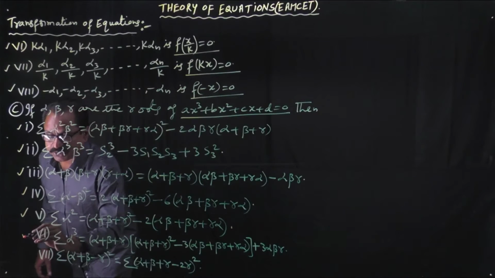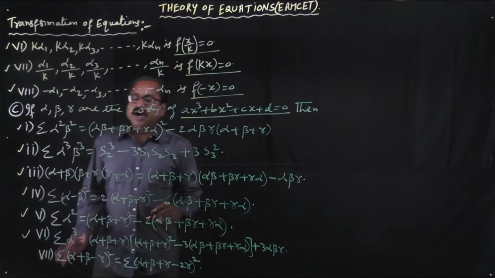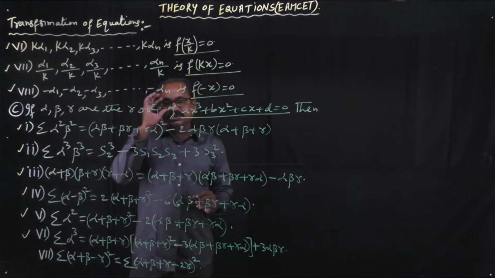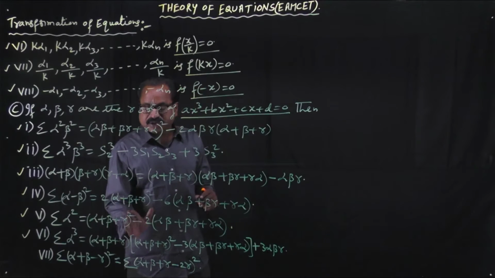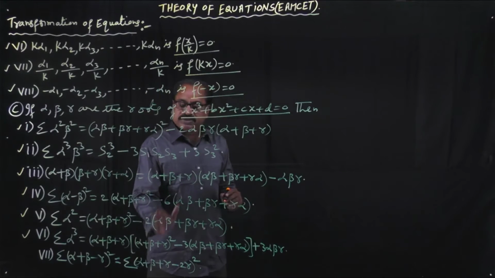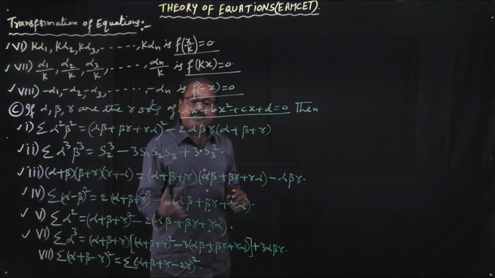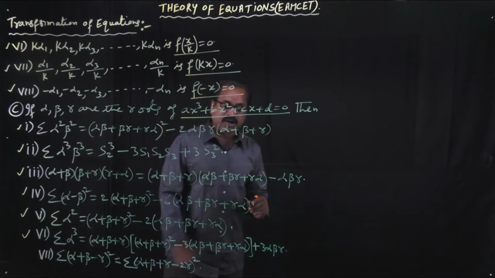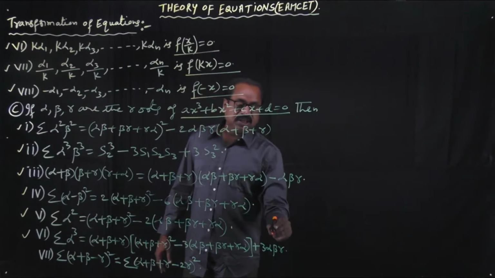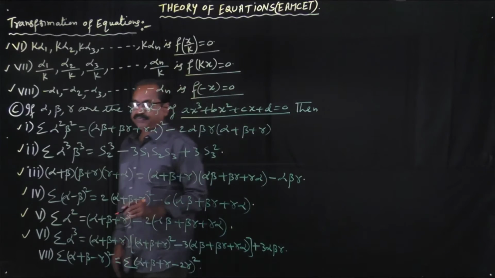Sigma alpha cube can be written as alpha cube plus beta cube plus gamma cube, that is equal to alpha plus beta plus gamma into alpha plus beta plus gamma whole square minus 3 into alpha beta plus beta gamma plus gamma alpha, plus 3 alpha beta gamma.